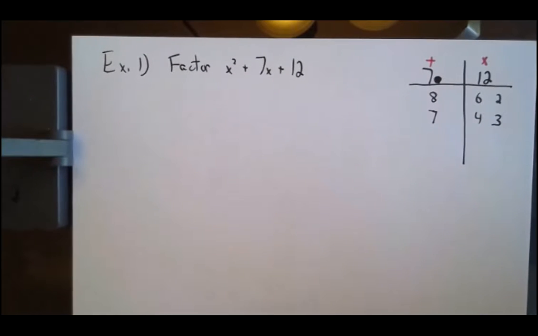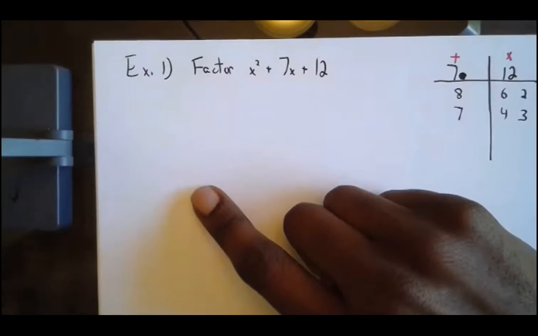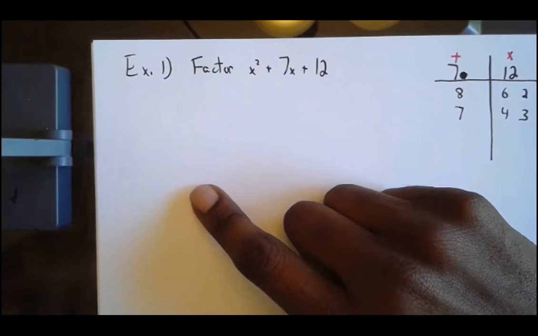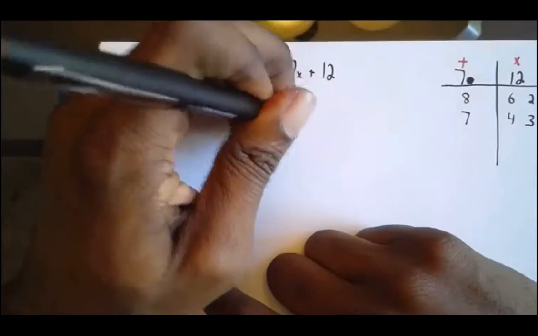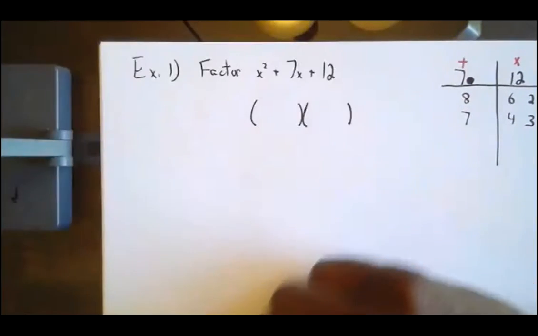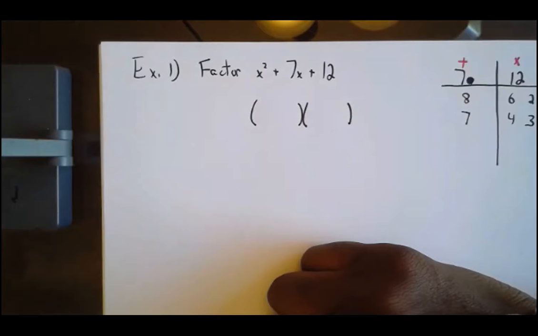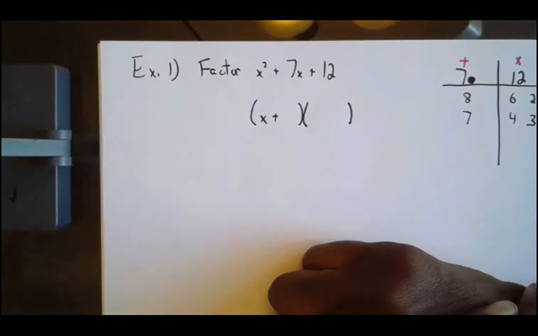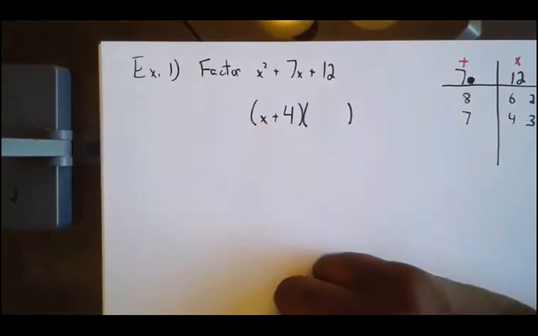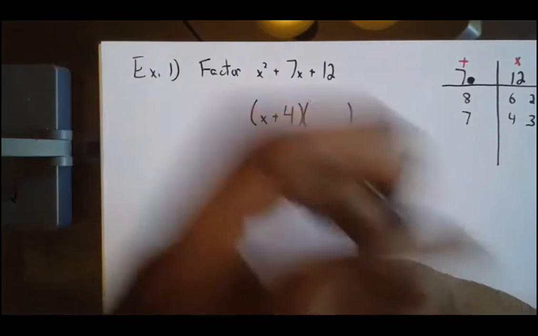Yes. So what is my answer? Tell me how to write my answer. Well, you need 2 sets of parentheses. You need X plus 4, times X plus 3.